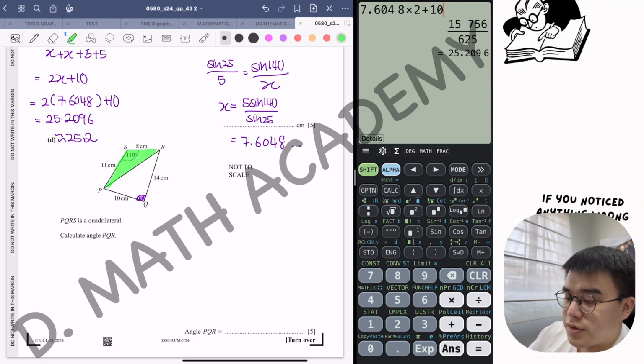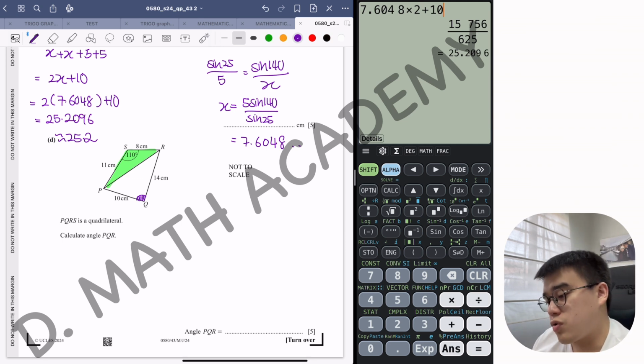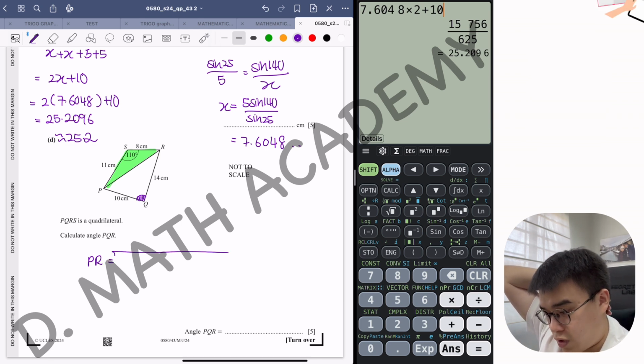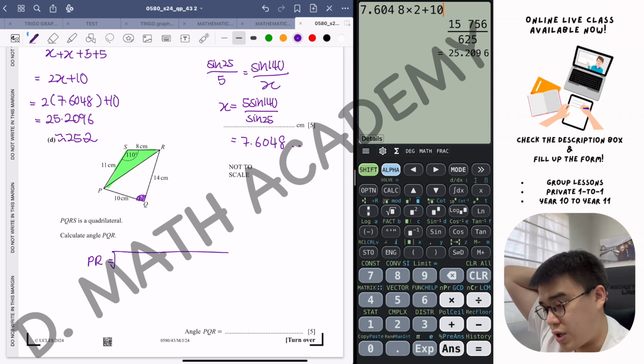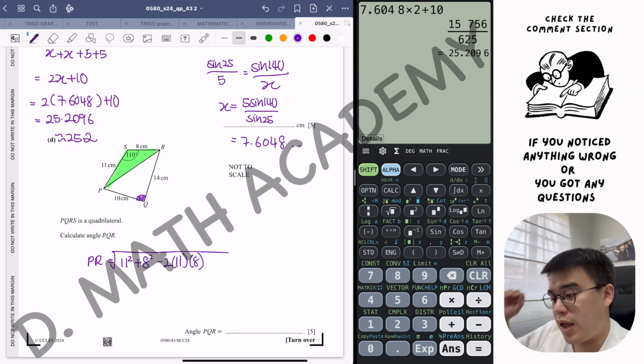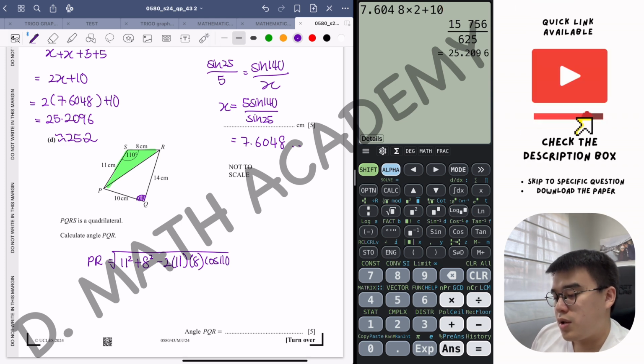Because for the triangle at the top, we have the angle and we have the side values. So the cosine rule is the way to go here, having PR equals the square root of 11 squared plus 8 squared minus 2 times 11 times 8 times cosine 110. Okay, so this is for PR's value.